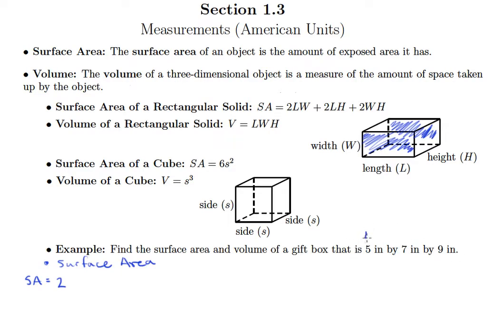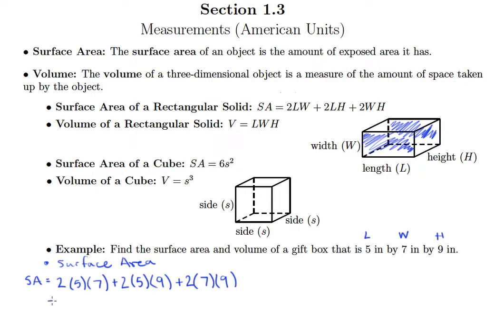It might not be a terrible idea just to name each of them length, width, and height just to keep everything straight, but it really doesn't matter at all. So 2 times length is 5 times width is 7 plus 2 times length is 5 times height is 9 plus 2 times width is 7 and height is 9.